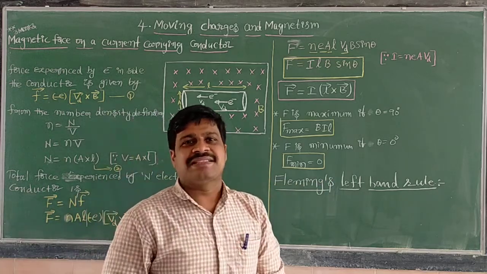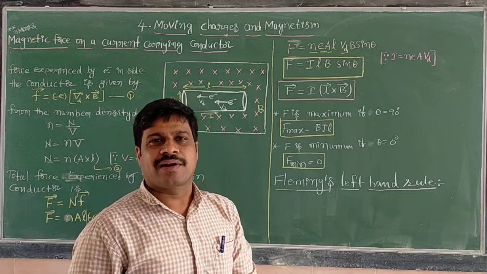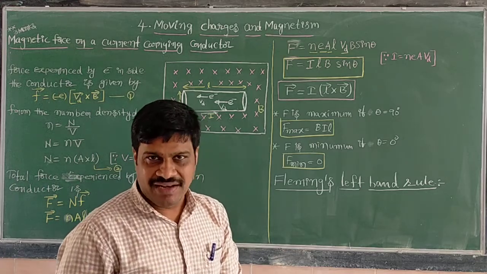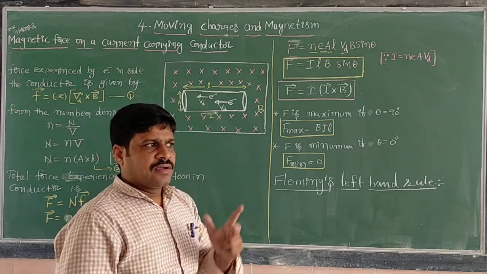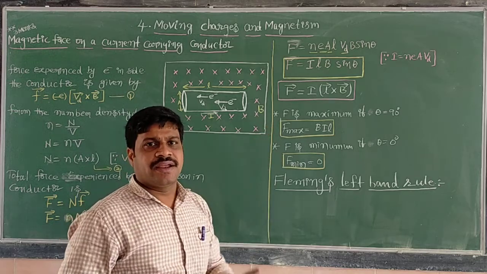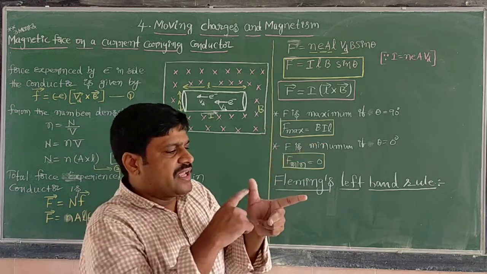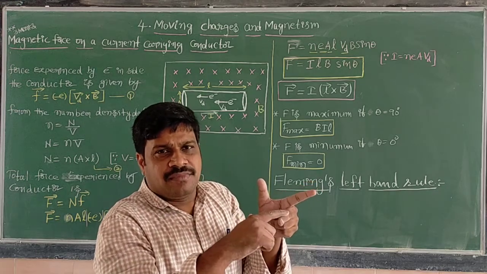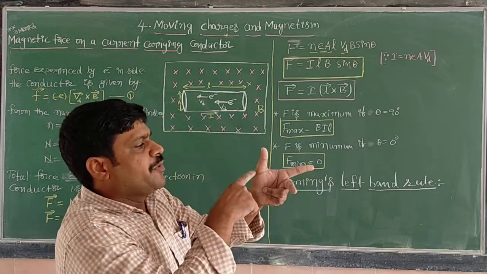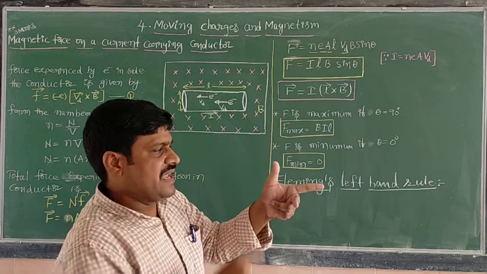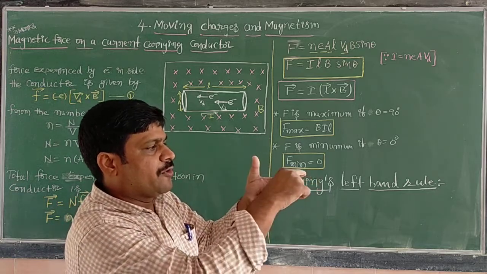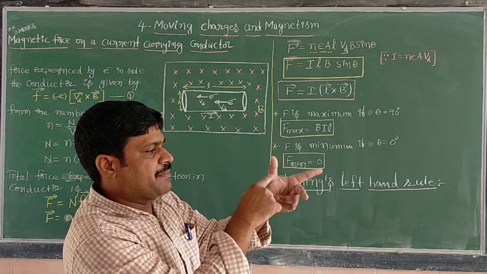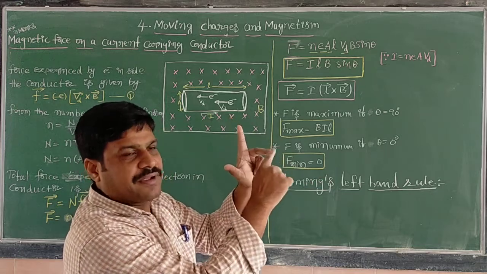What this Fleming's left hand rule explains, you have already studied at SSLC level. If you take your left hand, stretch or arrange the first three fingers mutually perpendicular to each other. The thumb is perpendicular to the forefinger, and at the same time the thumb is perpendicular to the middle finger.